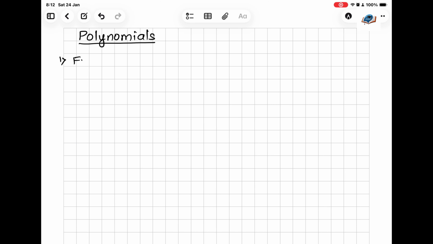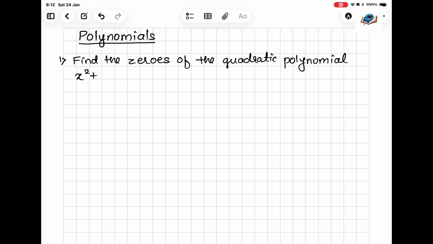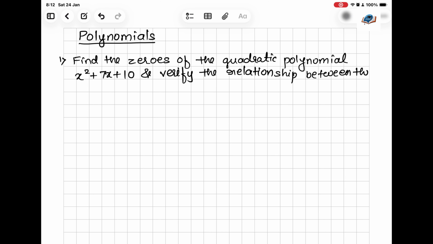First is: find the zeros of the quadratic polynomial x square plus 7x plus 10 and verify the relationship between the zeros and the coefficients.